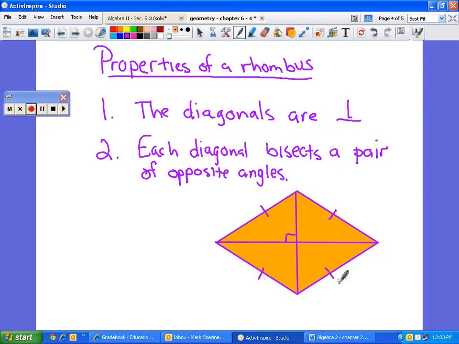Remember that all four sides of the rhombus are congruent. Okay, so that's property number one, that the diagonals are perpendicular.